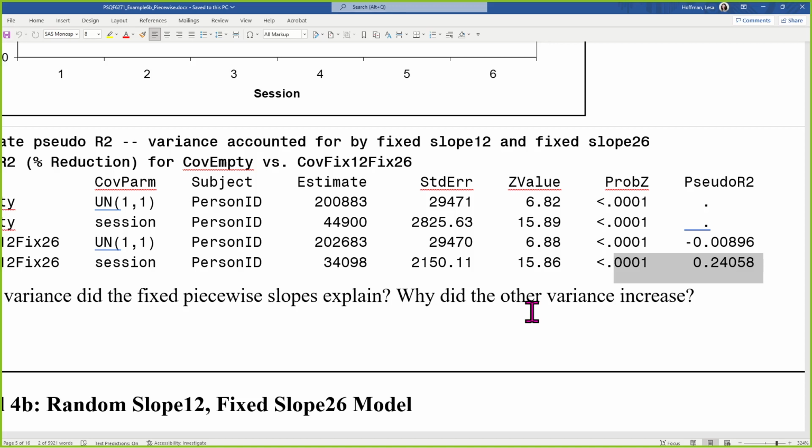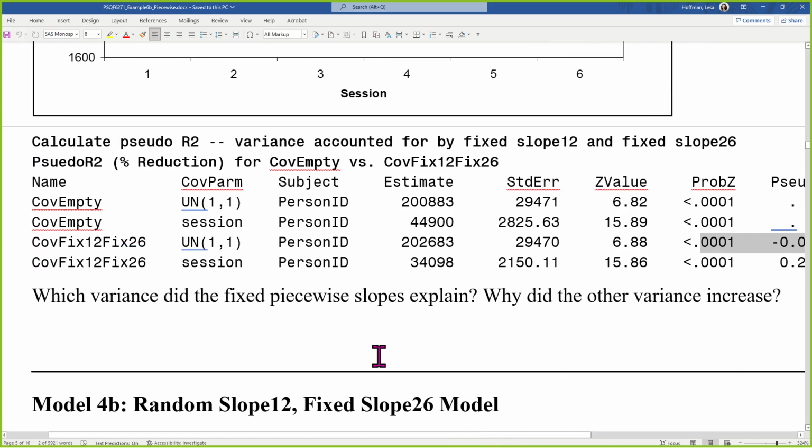That would be a marginal interpretation like in regression. I have to customize this to be per pile. That's what the pseudo part means. So drawing a common slope in this disjointed way has explained 24% of the variation that was over time. And in doing that, it made the intercept variance go up a little bit, as to be expected.